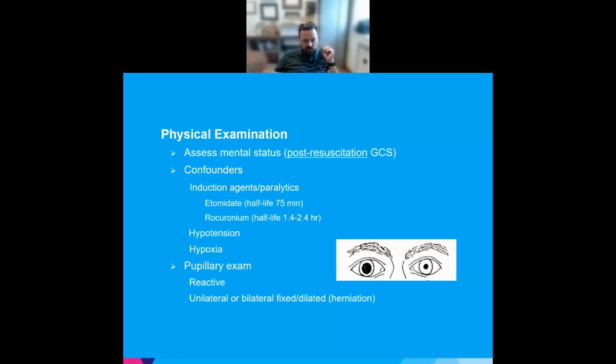See if they have reactive pupils or a unilateral or bilateral fixed and dilated pupil. Obviously, that's a sign of potential herniation, or potentially anoxic injury if both pupils are fixed and dilated, and that is indicative of something very serious going on that needs to be intervened upon rapidly.